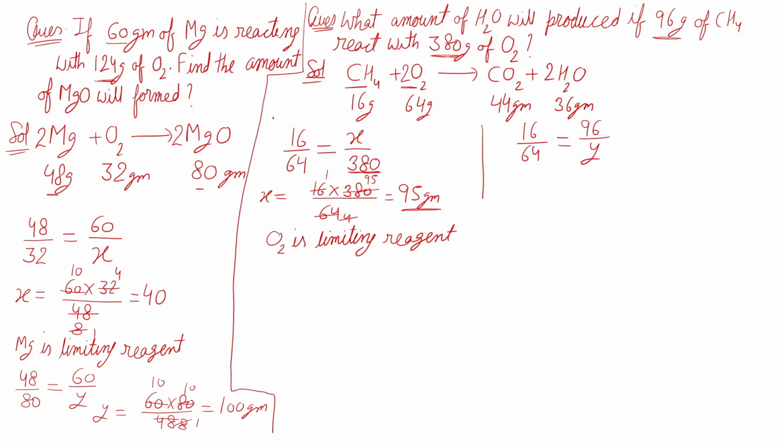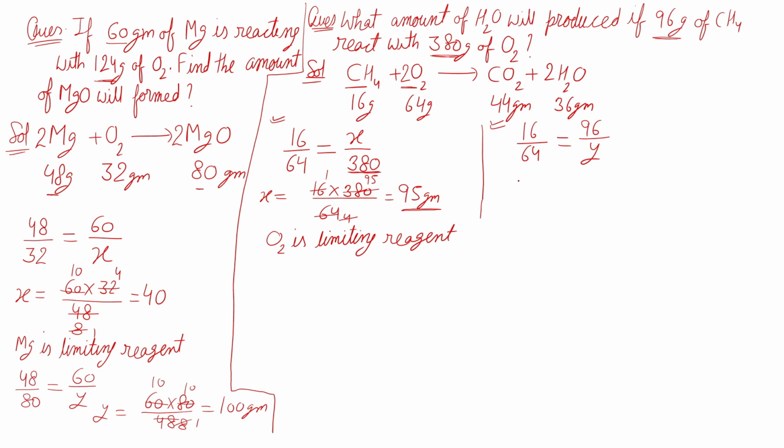Maybe someone wanted to find it this way, it is possible. We will check both ways, whether the limiting reagent we get is the same or different. Now we are just checking. What does it mean? 16 gram of methane reacts completely with 64 gram of oxygen. So as 96 gram of methane is given to us, we are using that all the amount of methane has been consumed. So what is the maximum amount of oxygen that can react there?